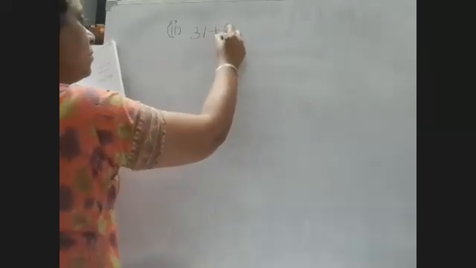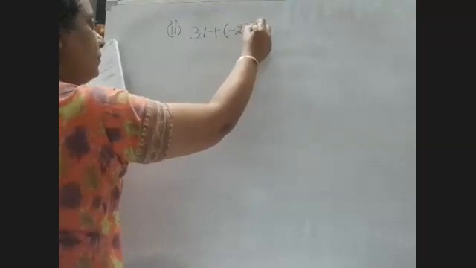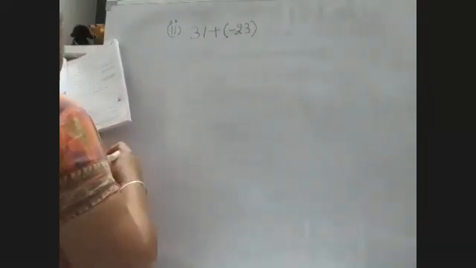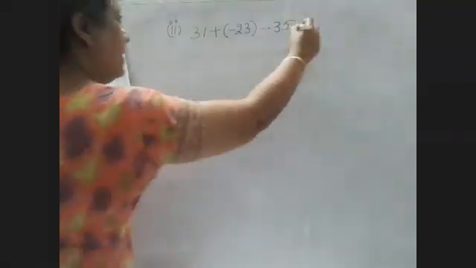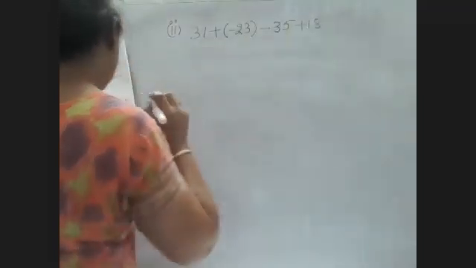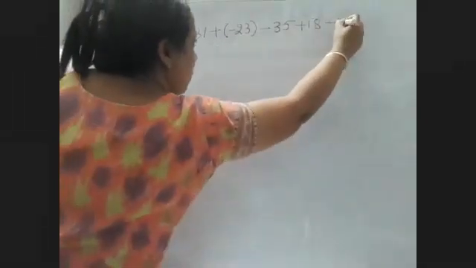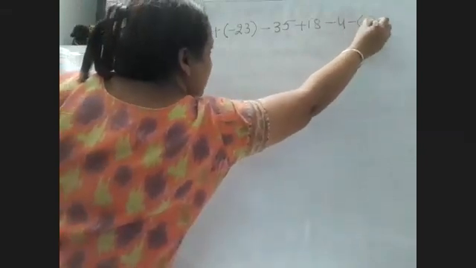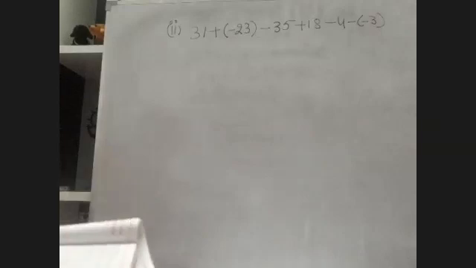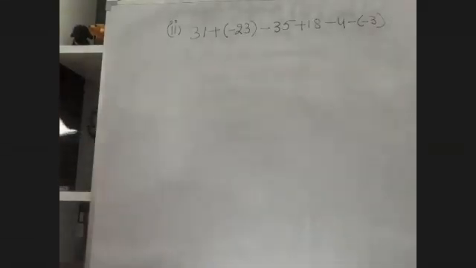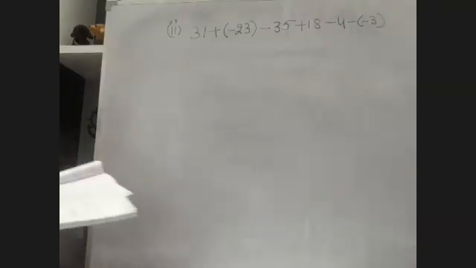Now find the value of 31 plus minus 23 minus 35 plus 18 minus 4 minus 3.